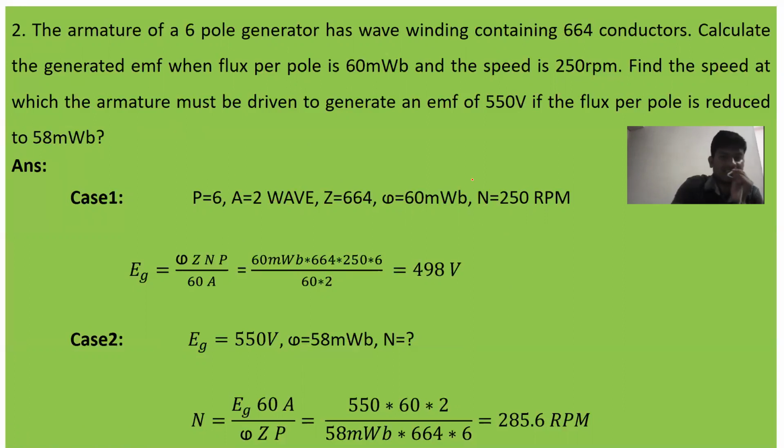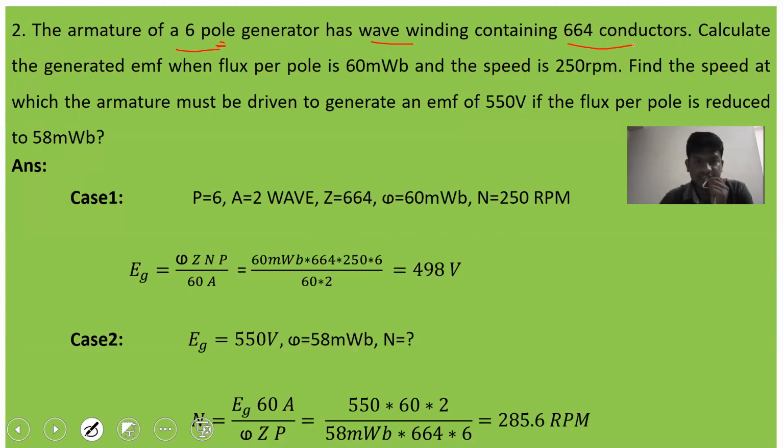So here you can see the first one. The 6-pole generator has a wave winding containing 664 conductors.